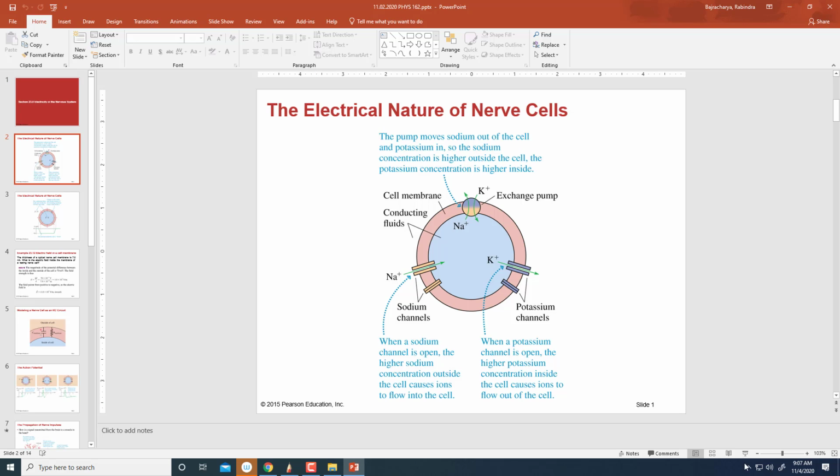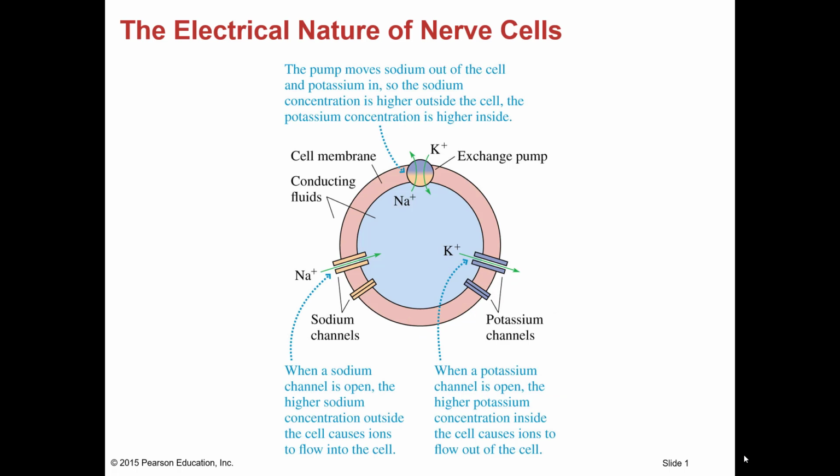So here is a simple model of nerve cell. The model of nerve cell begins with a cell membrane. So we have the cell membrane. That's our cell membrane.